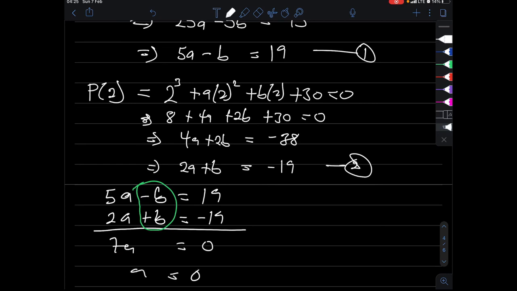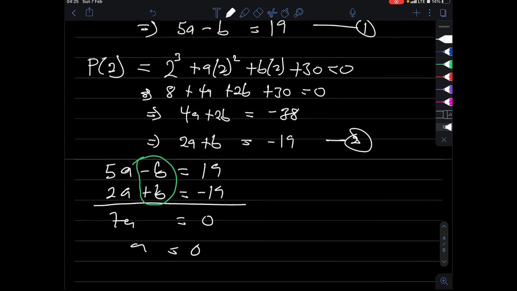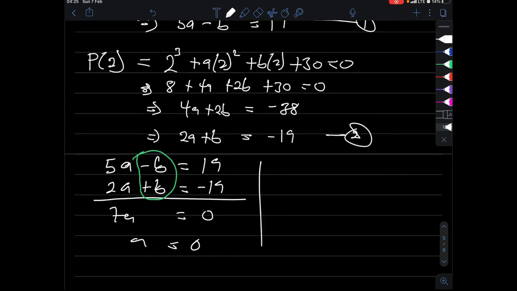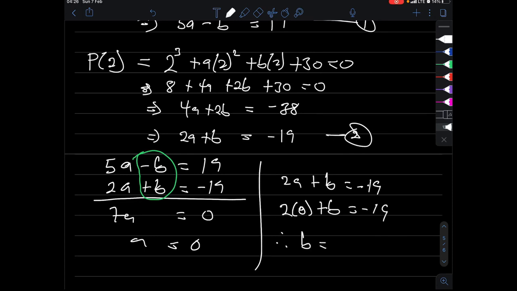A definitely must be 0. Now, if a is equal to 0, choose one of the equations. Let's say we are working with equation 2, which is 2a plus b equals negative 19. If a is equal to 0, then we can easily find b, and therefore b will be equal to negative 19.